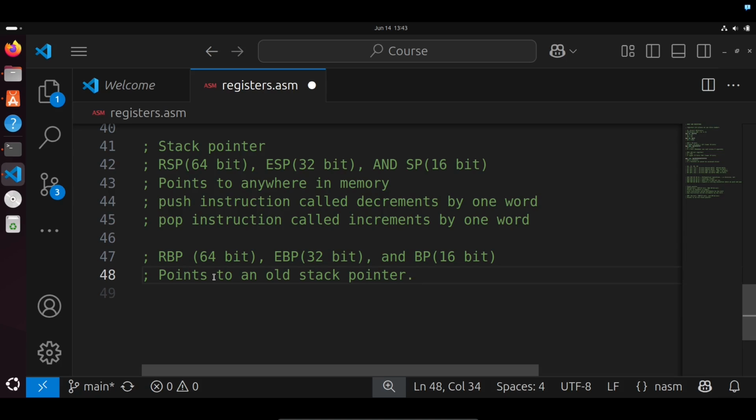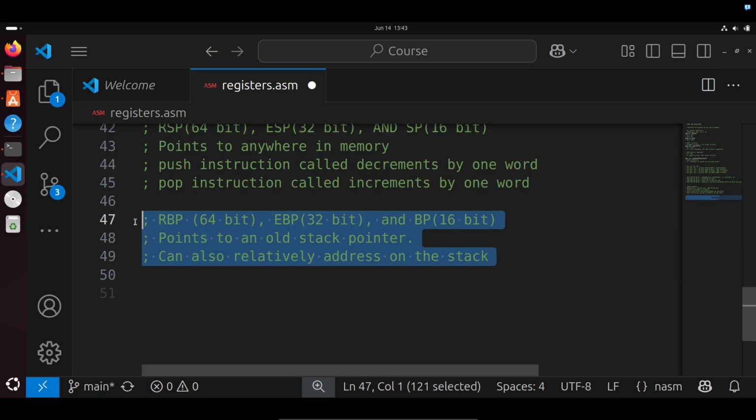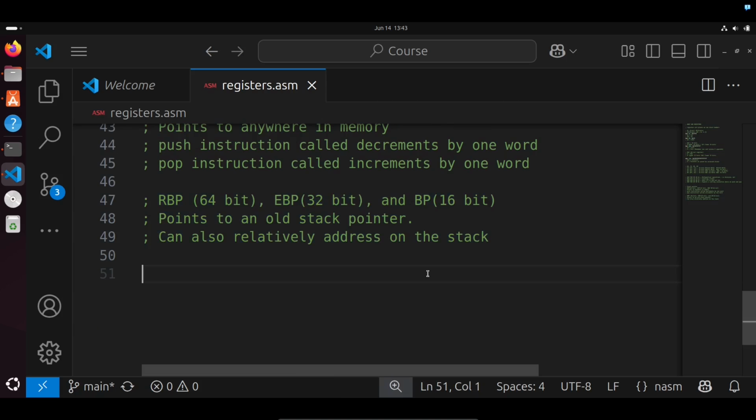You can use that register for this purpose. But you can also use it as a way of relative addressing on the stack. Now again, these concepts I don't expect you to understand at this point. This will all be explained in the stack lecture when the time is ready.